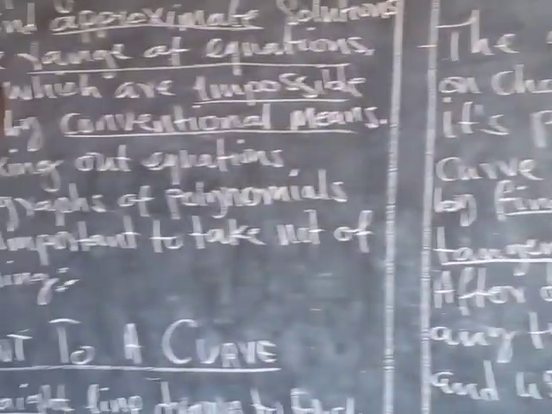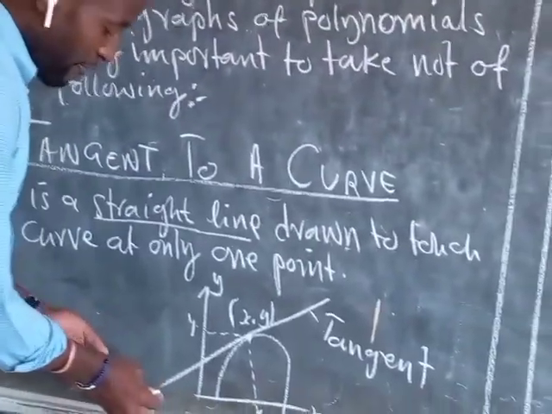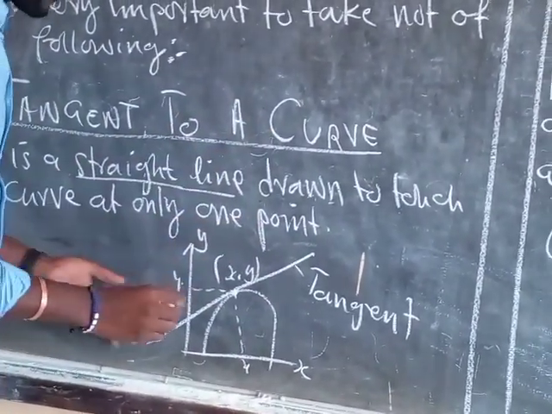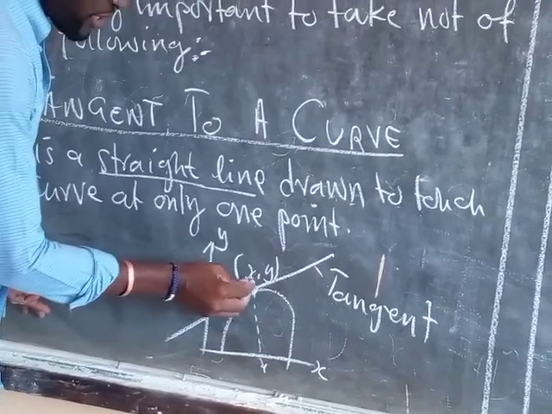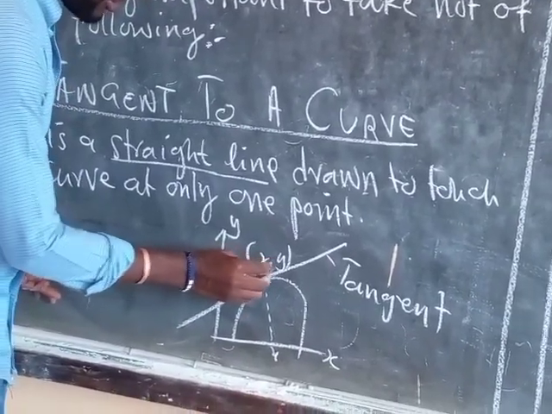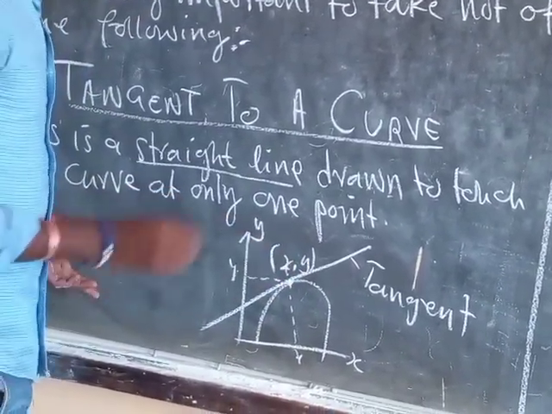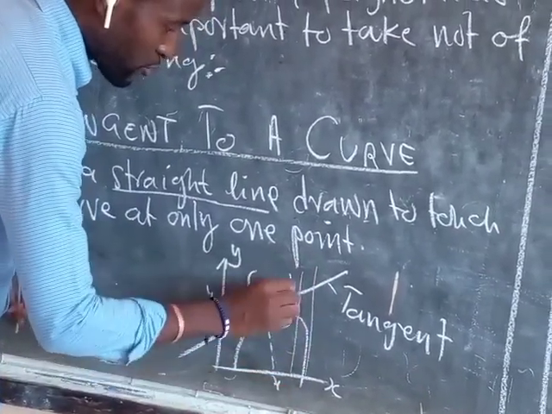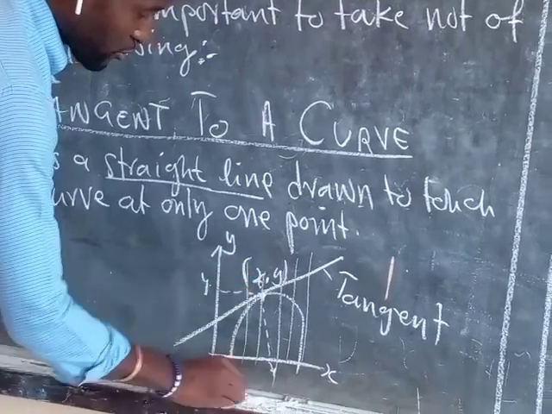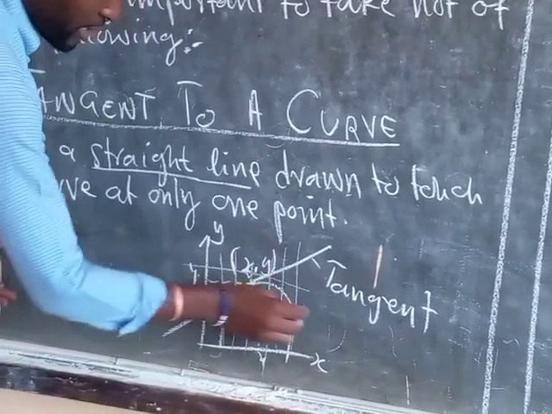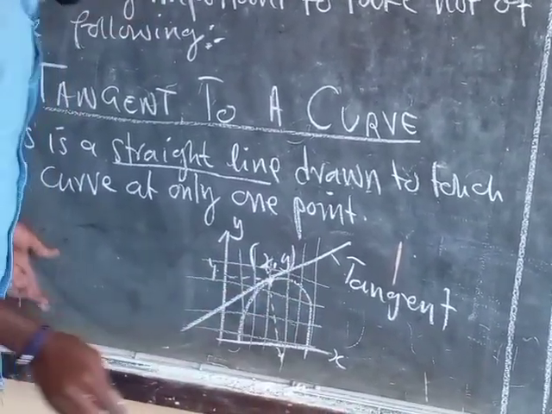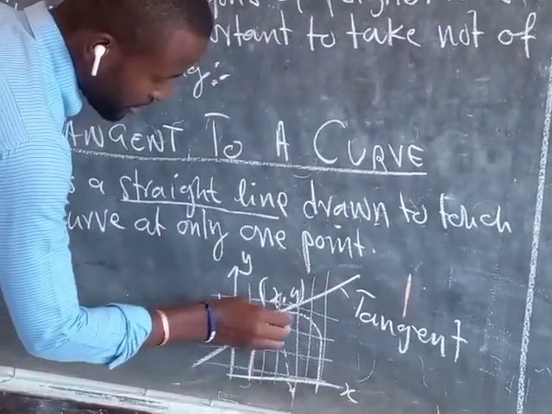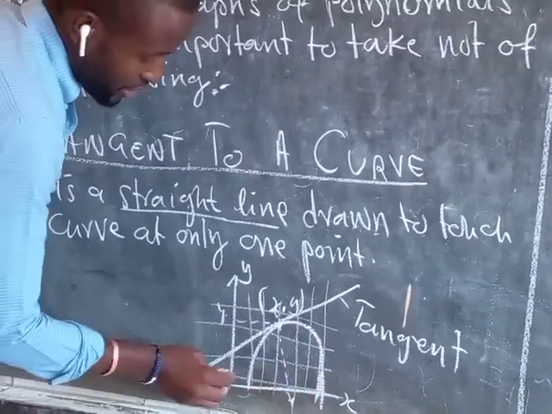So here is my tangent. After you draw this tangent, you can find the gradient of this tangent by using this point which you have been given here, which is x comma y. Your graph paper will be divided into several boxes and you draw your tangent in this manner. This is your curve and your tangent will cut there.